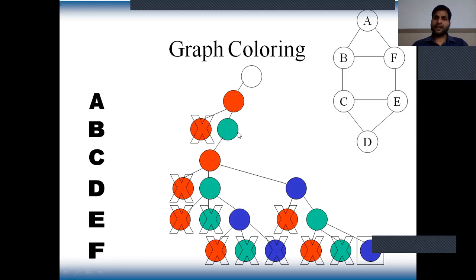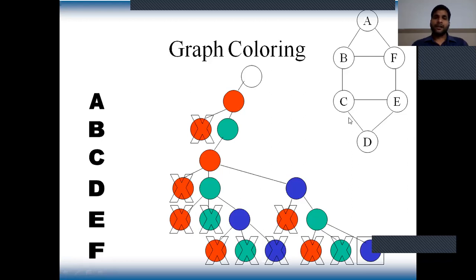So it is colored green and orange is crossed out. Now next C can be colored orange because it is not adjacent to A. So C is colored orange because it is not adjacent to node A.